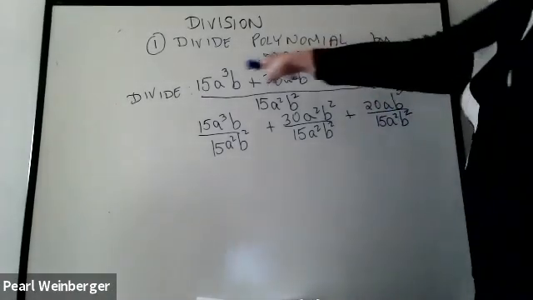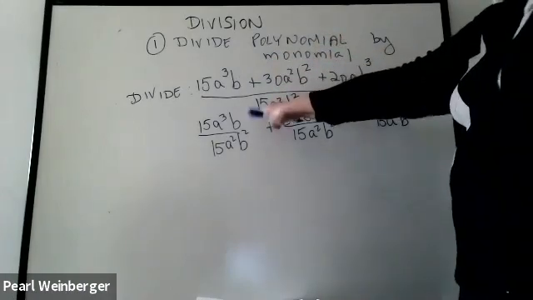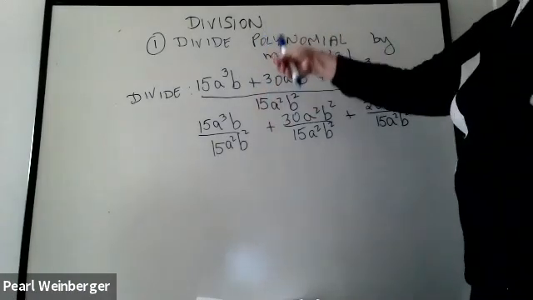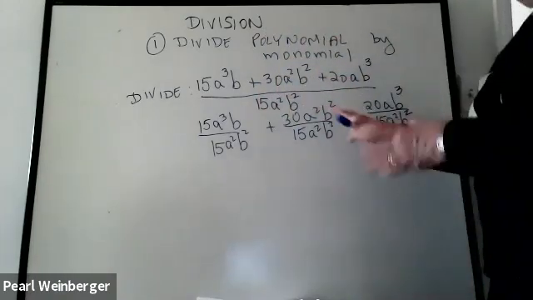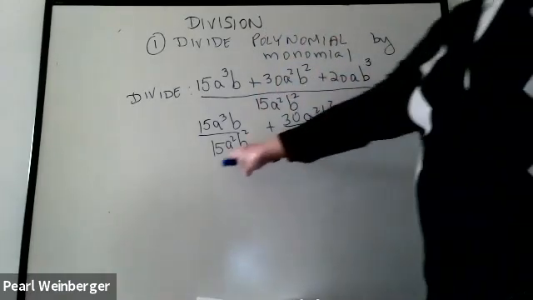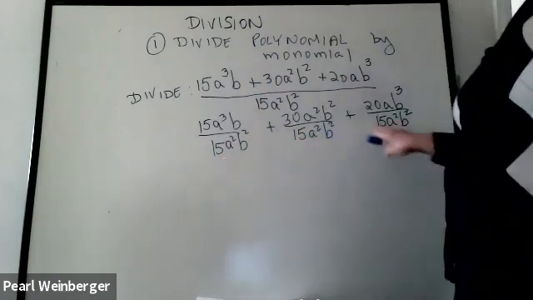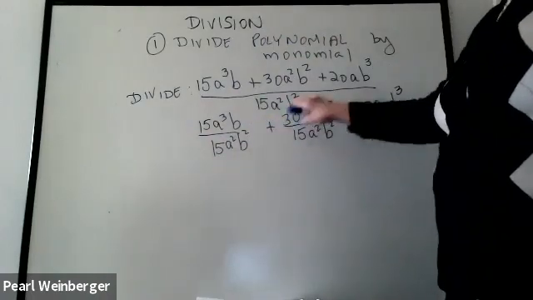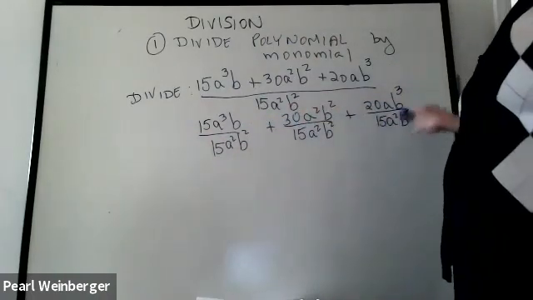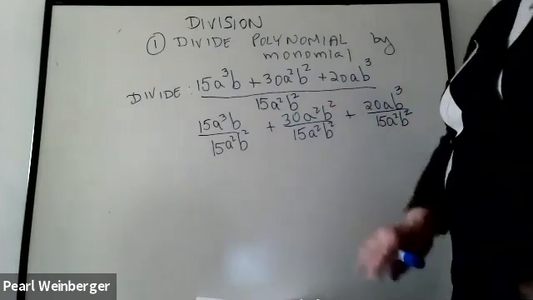When you're dividing a polynomial by a monomial, you're dividing every term of the polynomial by that monomial. So let's separate it. And what we end up with is 3 different problems. We reduce each of these fractions as much as we can, and that gives us our answer.